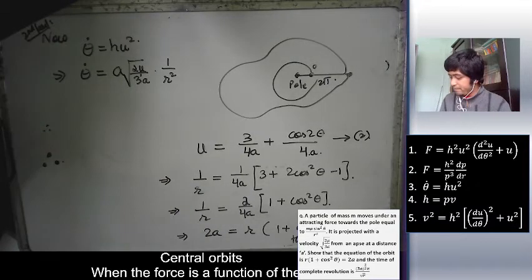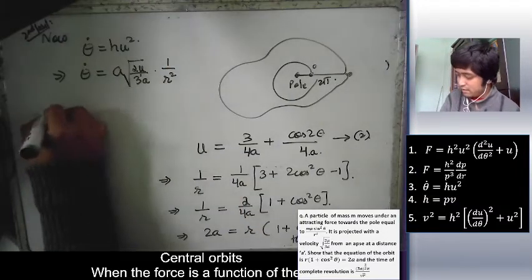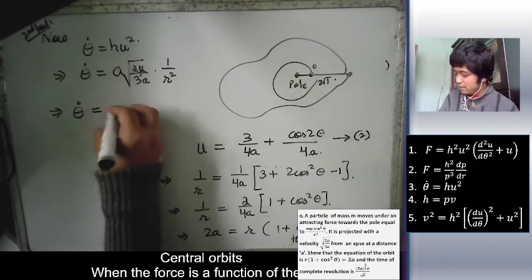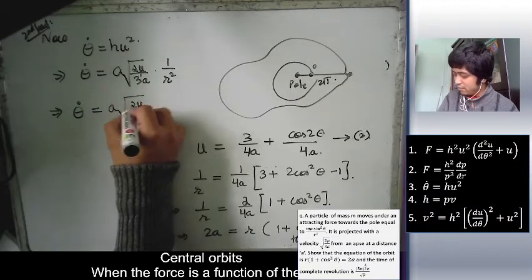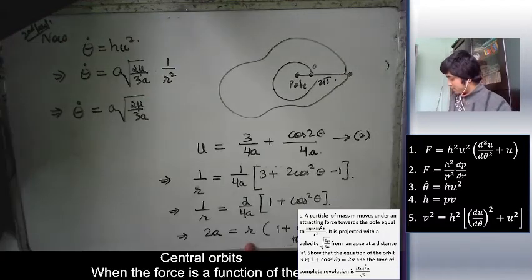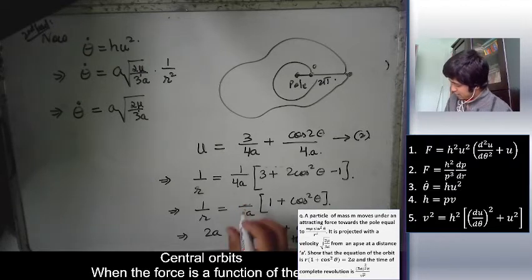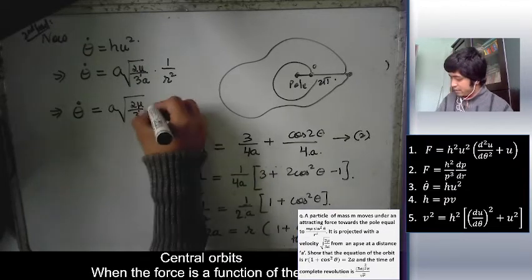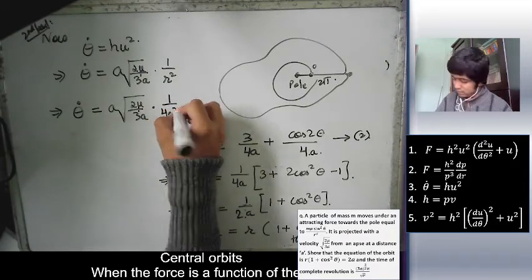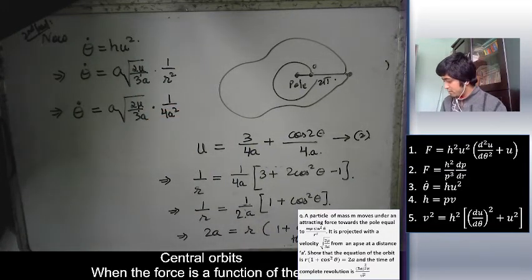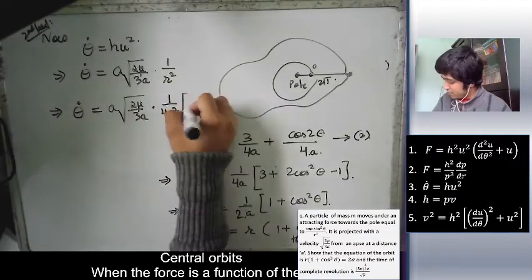Now what will we do? And r square, if we use this formula over there, so theta dot, I can write it as it is, 2 mu upon 3a, 1 by r square, 1 by r square, so this one will be 1 by 2a, 1 by 4a square, 1 by 4a square, and over here it will be 1 plus cos square theta whole thing square.